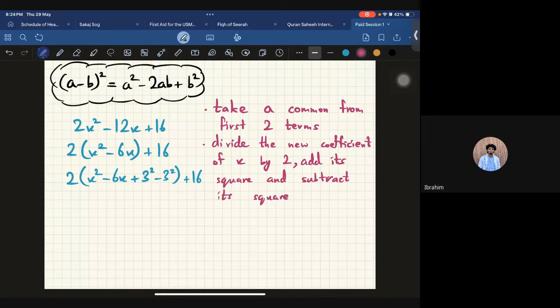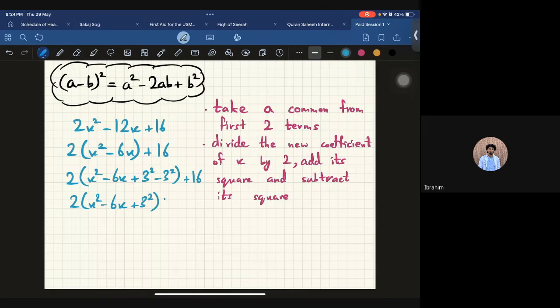अब क्या करेंगे, जो लास्ट टर्म है ना इसके अंदर subtract square वाली, उसको we'll take out of this whole bracket. So शुरू की टर्म्स वैसी की वैसी रहेंगी. Now last term you have to take it out. So to take it out of the bracket, we need to multiply it with 2.